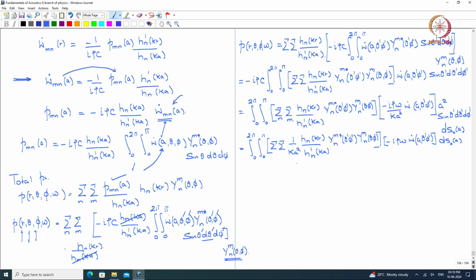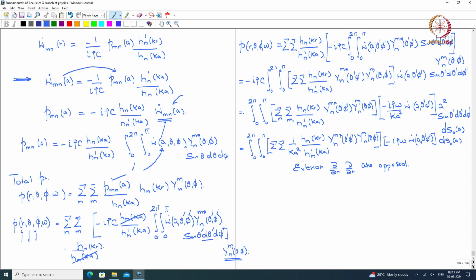Okay. Now for the exterior radiation, the del n and del r are opposed.